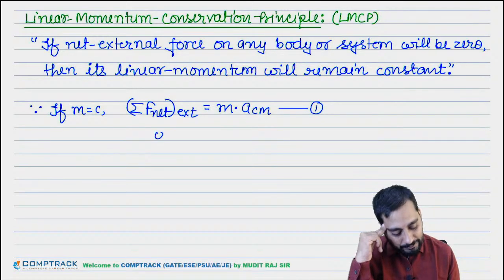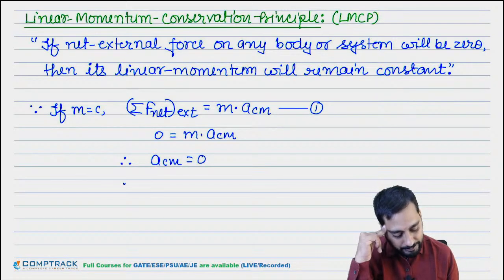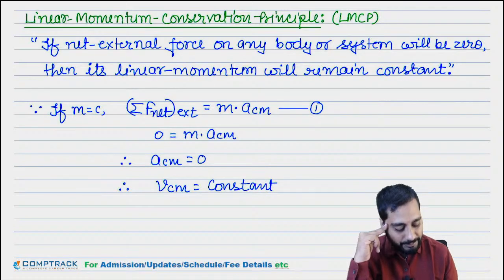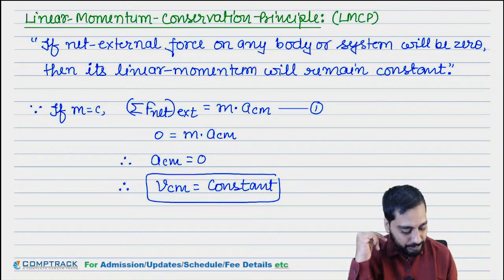Let's say net external force is 0. Okay, then this term will be 0. So acceleration of center of mass will become 0. Therefore velocity of center of mass will become constant. Yes or no? Acceleration 0 means velocity will be constant.